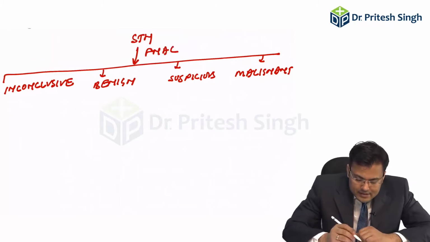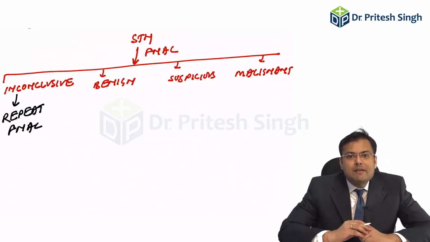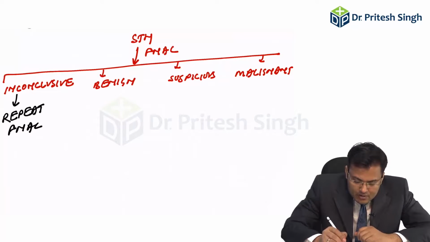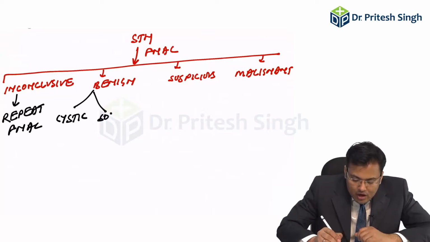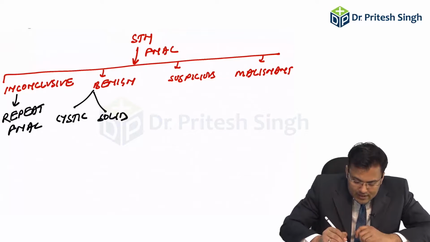See, if it is inconclusive, we have to go for what? Repeat FNAC. For benign lesions, there are 2 possibilities, whether there is cystic or there is solid lesion. If there is cystic swelling, we will go for aspiration.